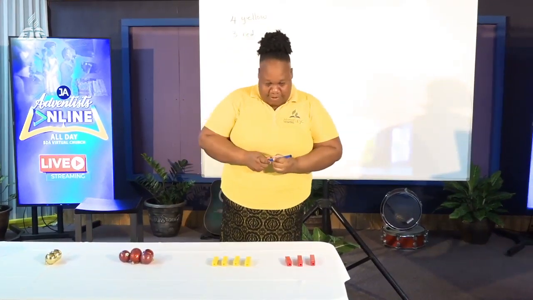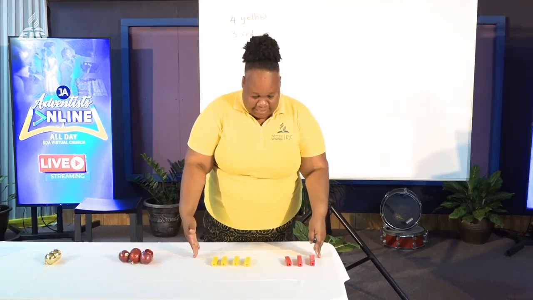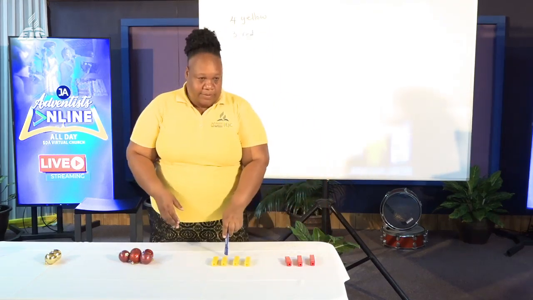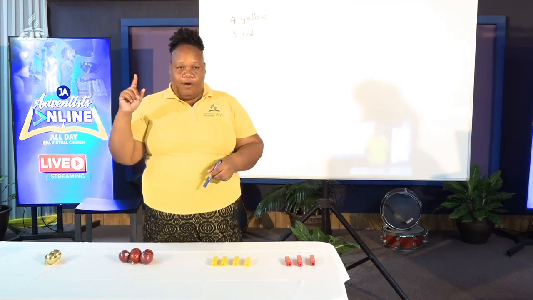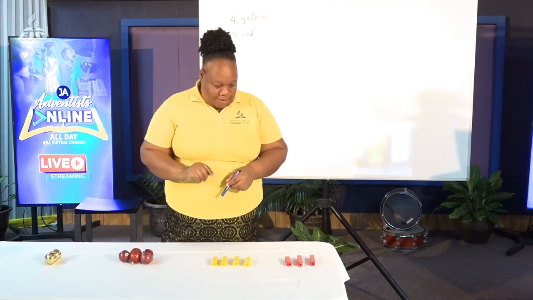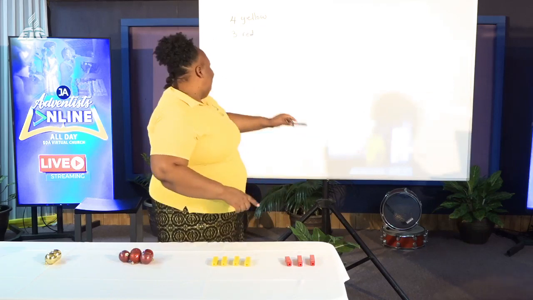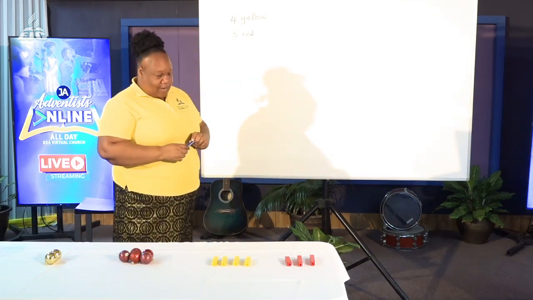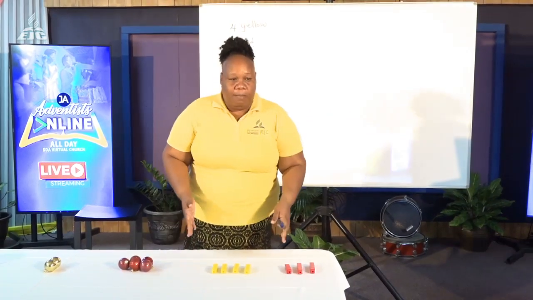Now we want to compare in terms of the amount that is there. So we're working towards getting a working definition for ratio. Very good. Stay with me, don't leave me. So we have 4 yellow blocks and 3 red blocks. How can we compare them?